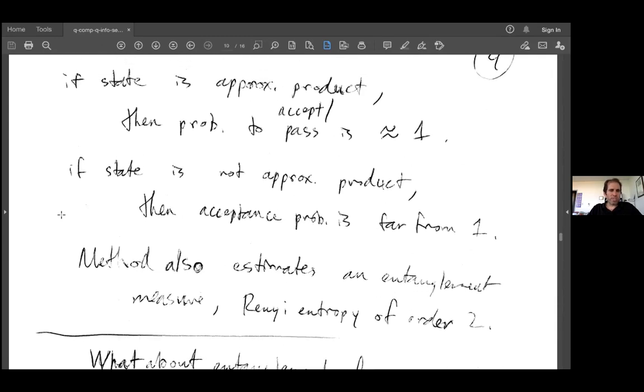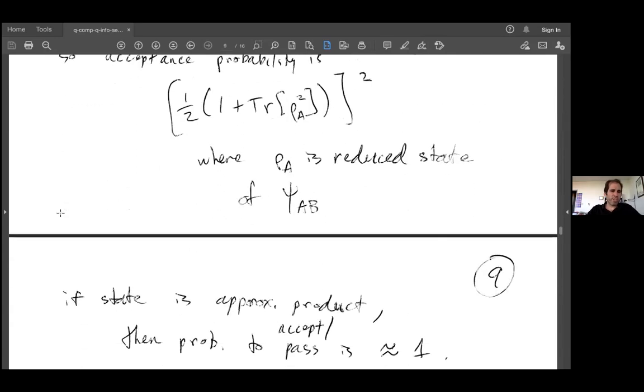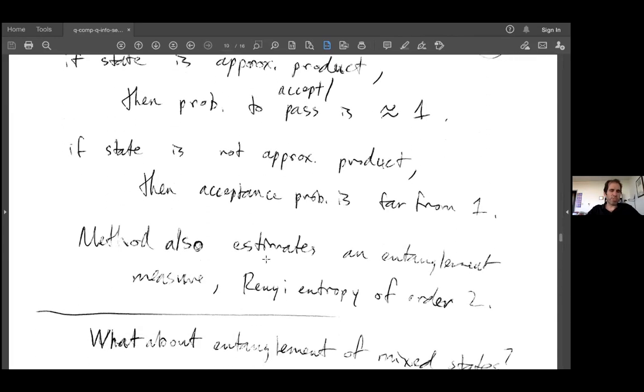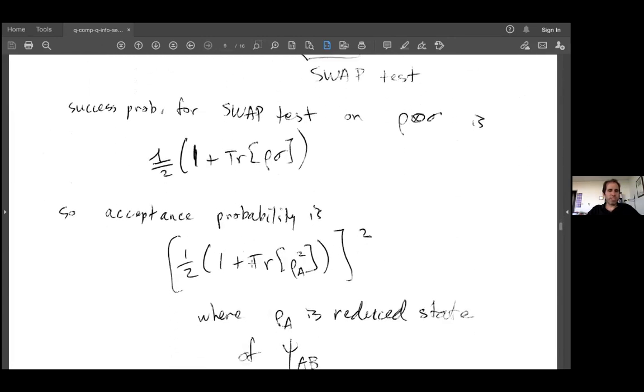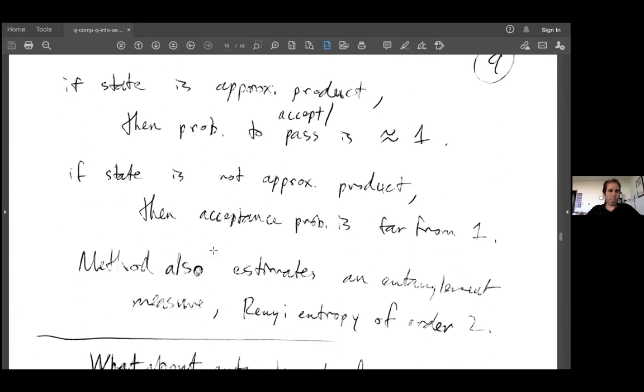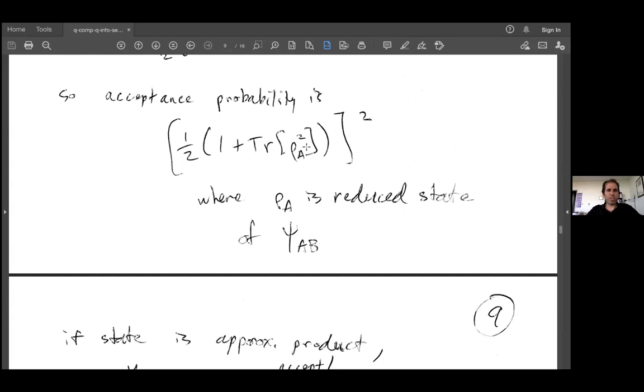More particularly, this method, going beyond the simple decision of deciding whether the state is product or entangled, actually computes an entanglement measure, right? If you repeat this algorithm many times, you can estimate this acceptance probability. And what you see here is this trace rho squared.